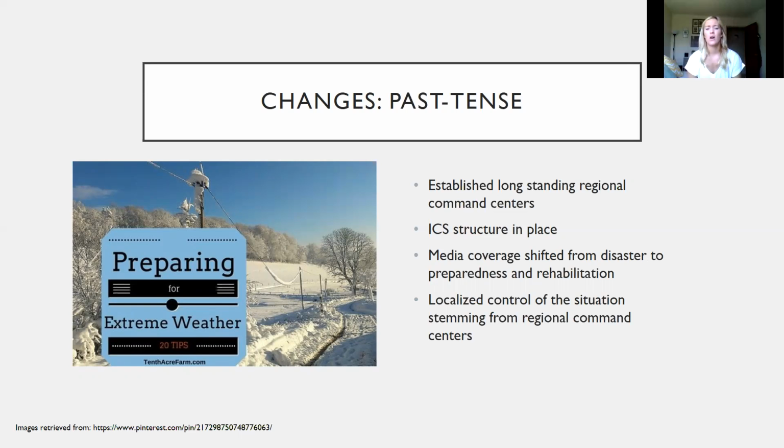And then also localized control of the situation stemming from regional command centers. So the establishment of a regional command center and then the ability to get those directions down to localized areas would have been great, especially in this situation because you have tons of rural areas across the United States.